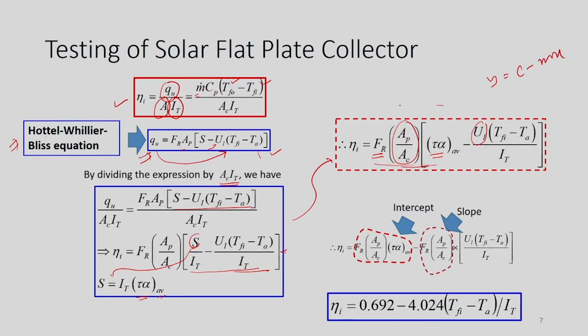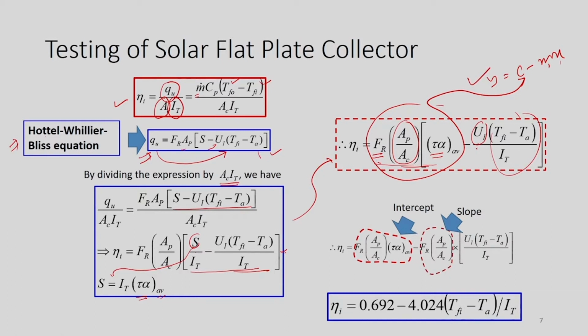So c is nothing but this constant part here, and m will be this multiplied by U_L, and x will be this part. So, this will be a kind of straight line with negative slope.